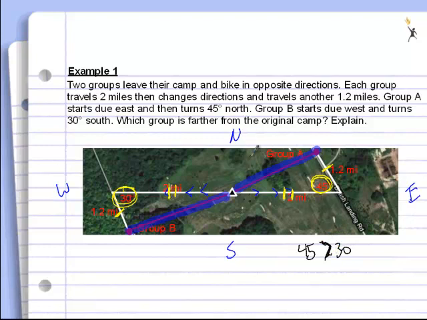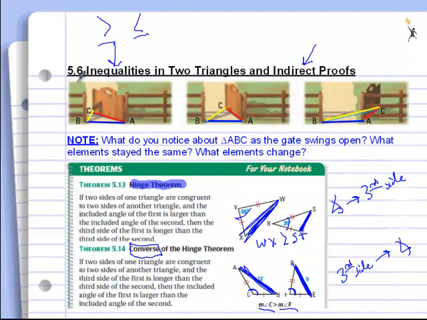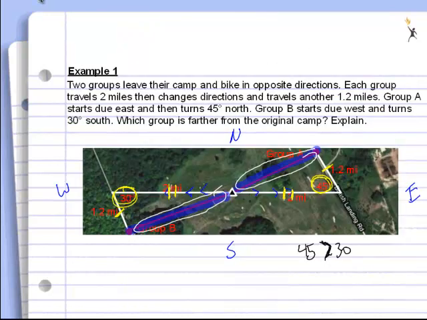But what does that tell us about these distances right here? What does that tell us about that? You should be telling yourself, based on the Hinge Theorem, if one angle is larger than another angle, then the side is larger than the other side. So here we have 2 angles.